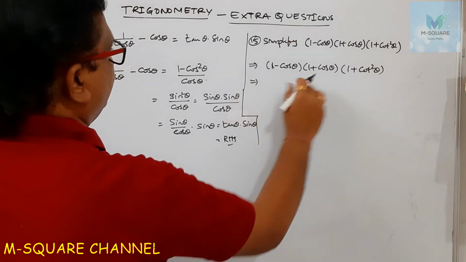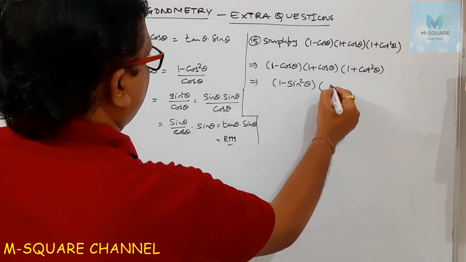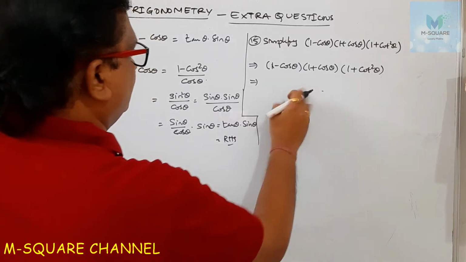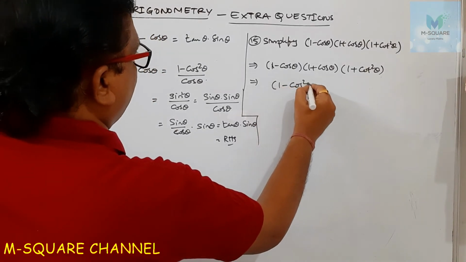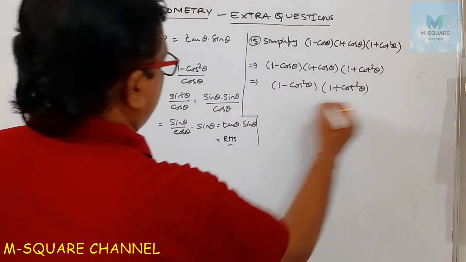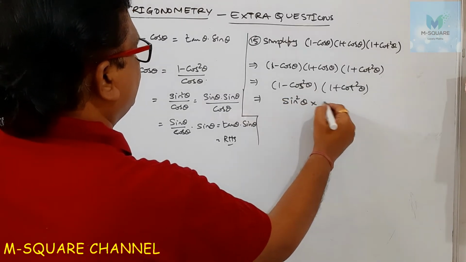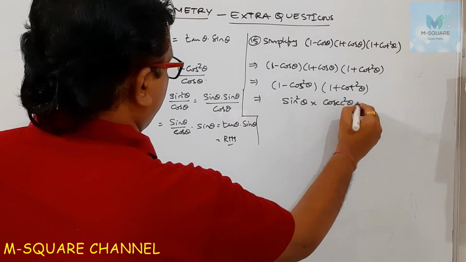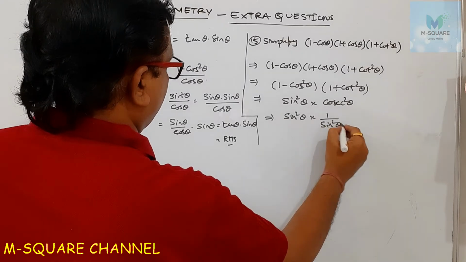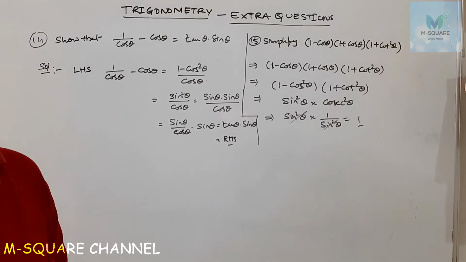Just observe that a plus b into a minus b is 1 minus cos square theta, into this one, 1 plus cot square theta means cosecant square theta. 1 minus cos square theta means sin square theta, into cosecant square theta. So sin square theta into 1 by sin square theta. These two are cancelled. This is the 1. This is the simplification.